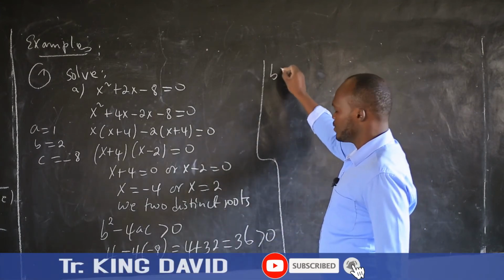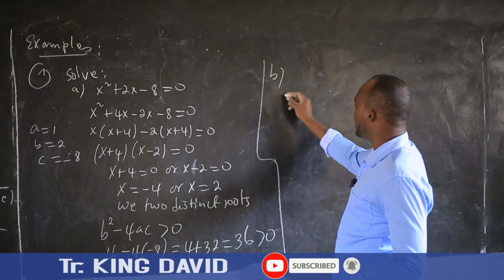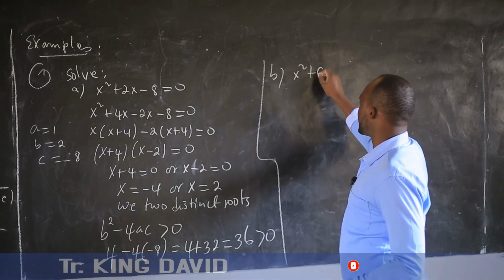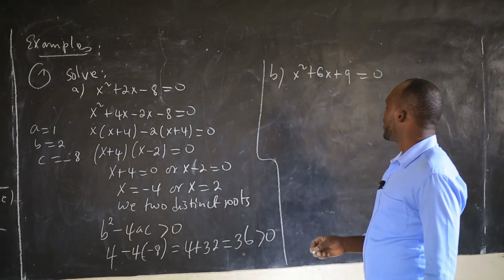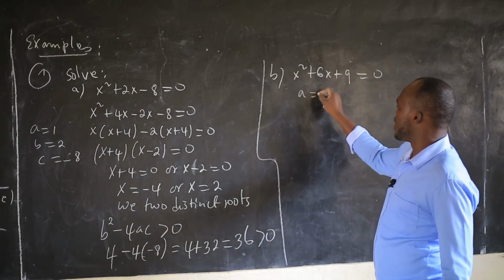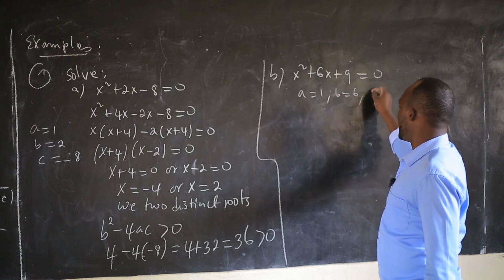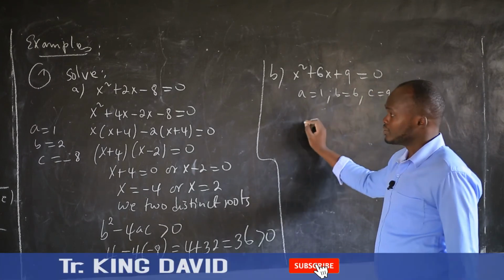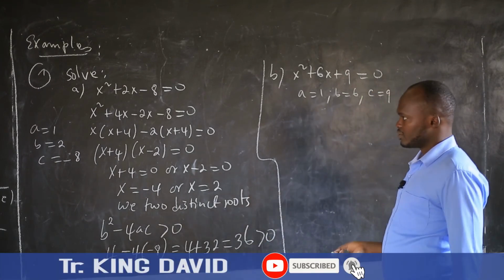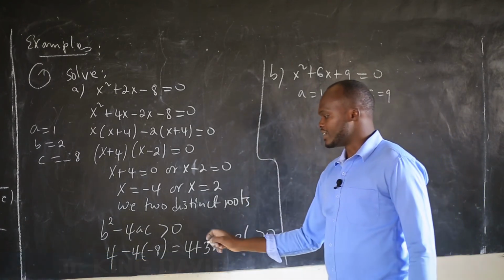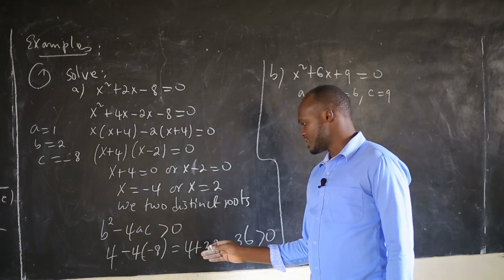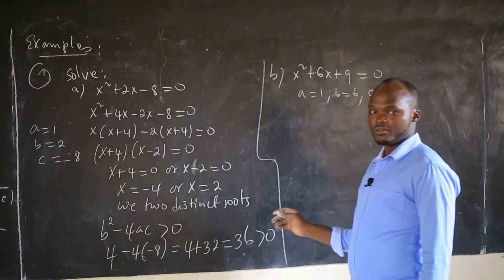B. If you go to B, it is saying x squared plus 6x plus 9 equal to 0. So now here, our a is 1, our b is 6, our c is 9. The question is solving, but we solve after knowing which number of roots we have.